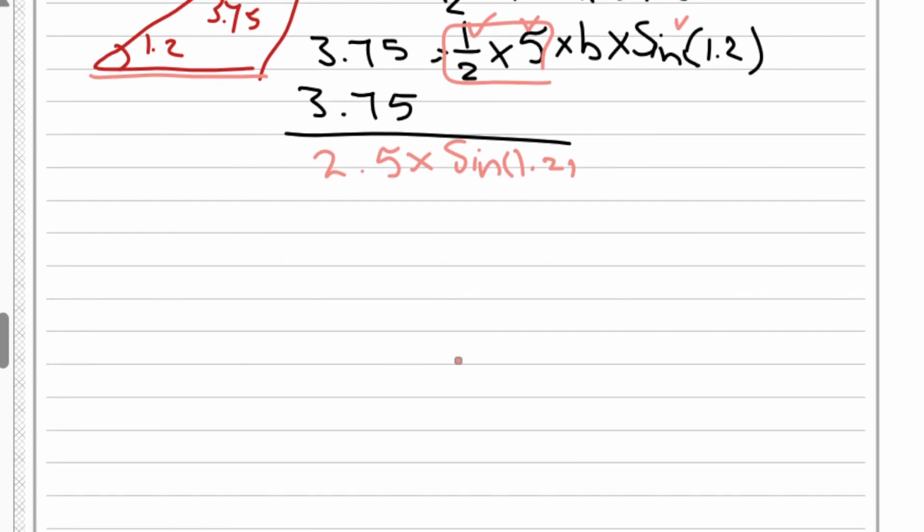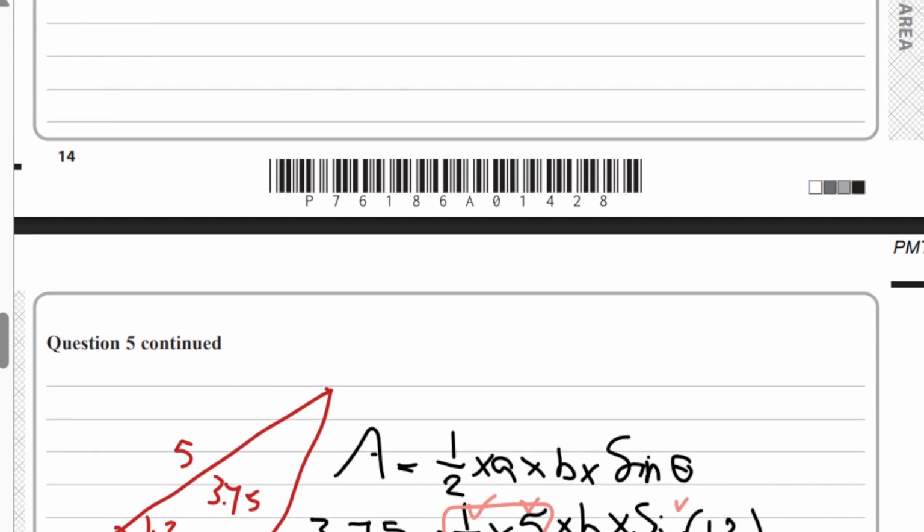Now, let me plug this in the calculator. So 3.75 divided by 2.5 times sine 1.2 gave me approximately 1.609.